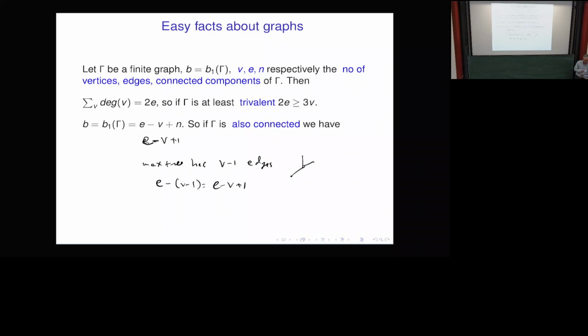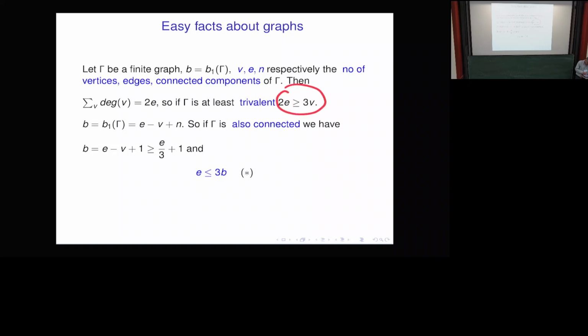Okay? So we have this, and of course if we have many connected components, we just sum up all these and we get this N. Right? Okay, so if gamma is connected, B is equal to E minus V plus 1. Right, and this is greater or equal to E over 3, so I use here this inequality, right?